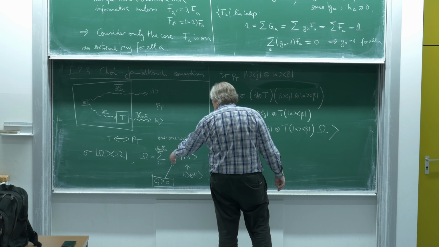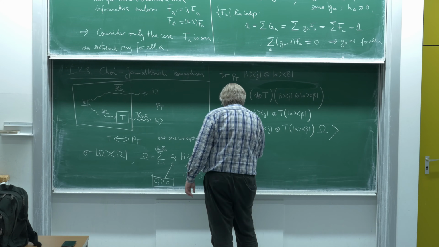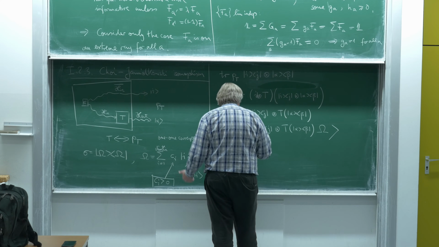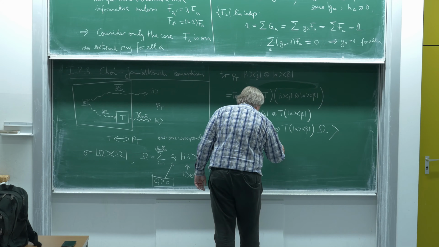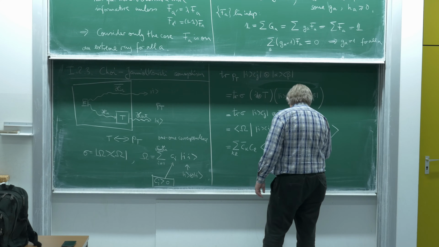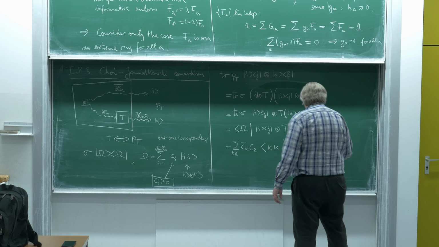The vector has these constants, little c, in it. So this is the sum over k and l, c_k, well, I maybe put a bar, c_l. And then I have |k><k|, r and j, tensor T of whatever was there before, and then |l><l|.